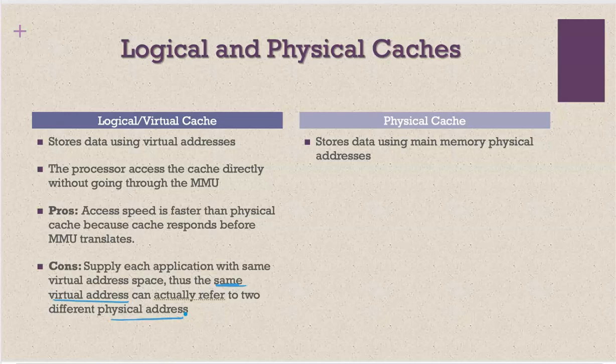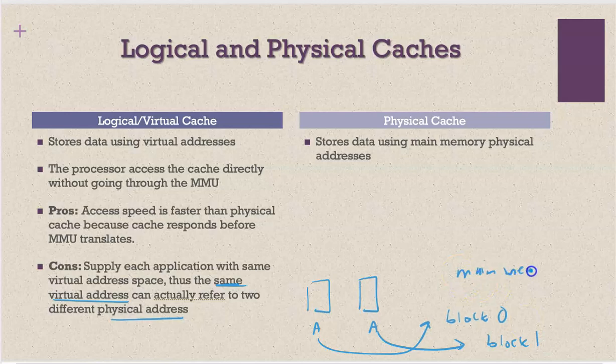So let's say I am allocating this program with a virtual address called A, and this program with the same virtual address A. However, in the main memory, this would be block 0, and for this one, this would be block 1 in the main memory. For example, even though they have the same virtual address, they could mean different physical addresses in different blocks. So this is the cons of the virtual cache.